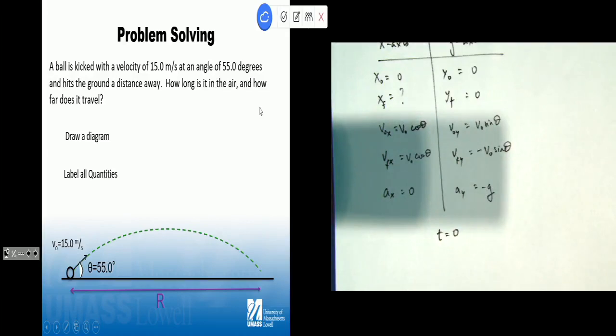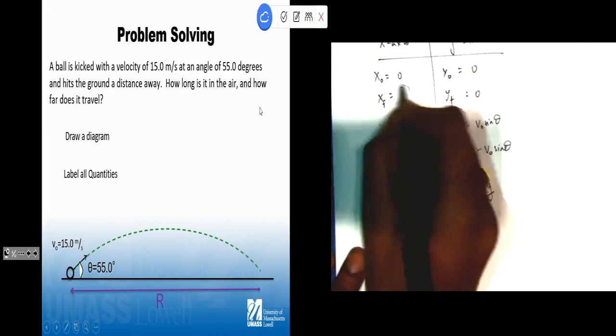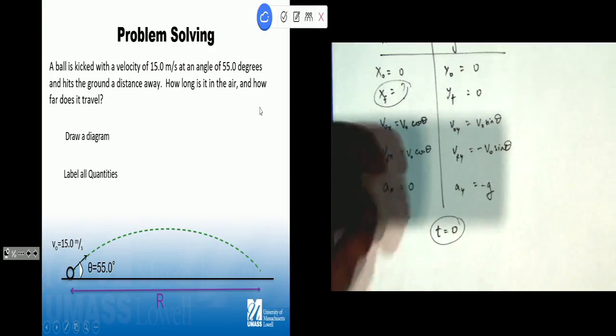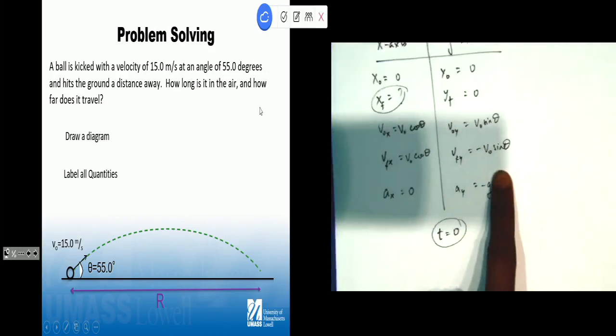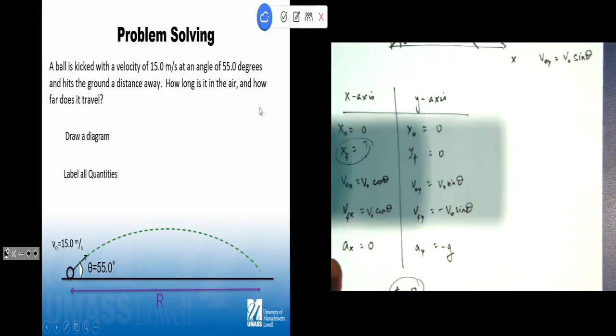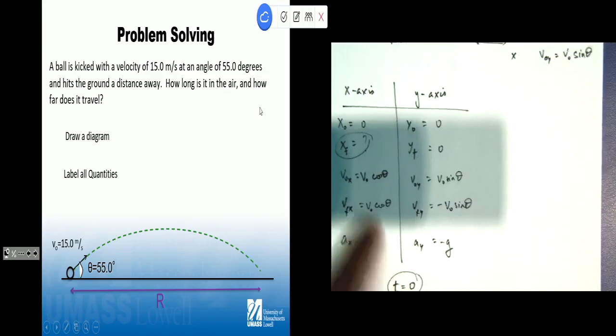It's moving the same speed when it comes back down, just in the opposite direction. Right? So the direction makes it a minus. Okay? So that fills up the table. Solve for this and solve for this. Right? And the way you do this is you know that time comes from the y-axis. So treat this as a one-dimensional problem and solve for t. Right? Then treat this as a one-dimensional problem. You know t, find x.